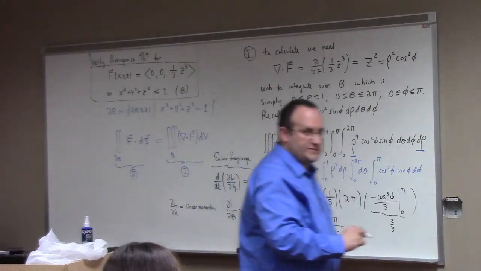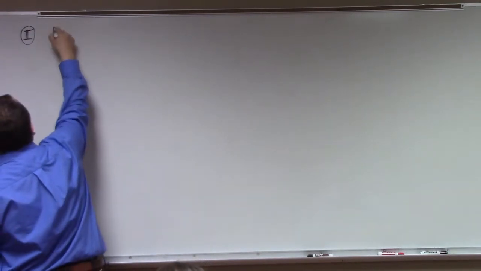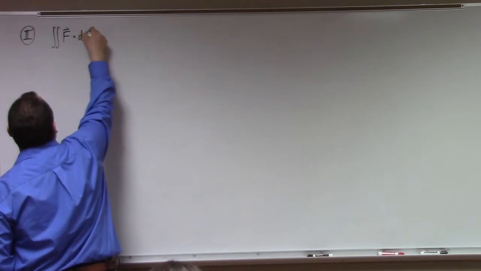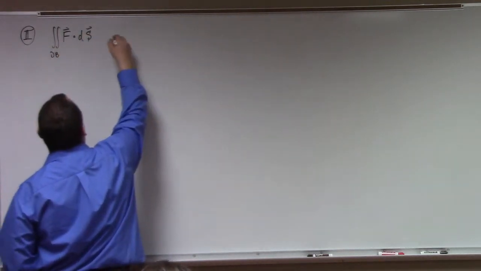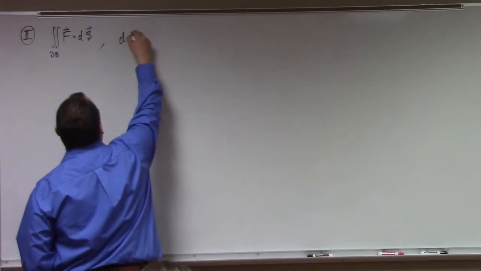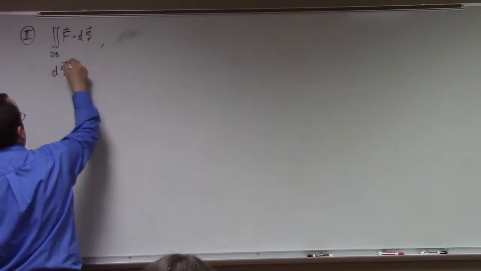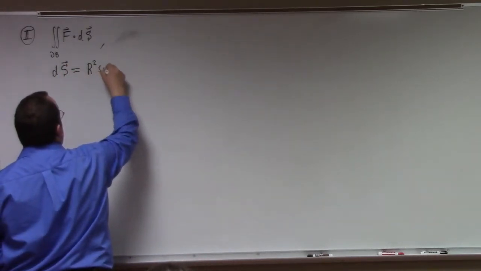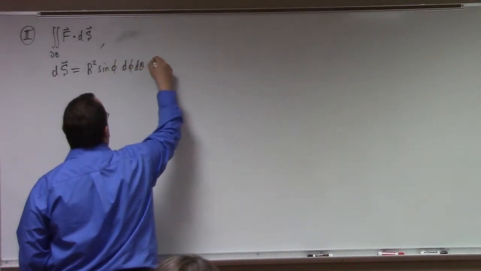All right, now, next. Part 2. Let's calculate the flux directly. So I'm supposed to calculate the integral of F dot dS over the boundary of the ball. Here we have dS equal to r squared sine phi d theta rho hat.